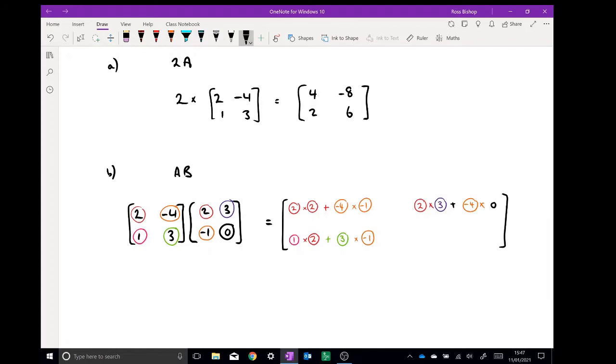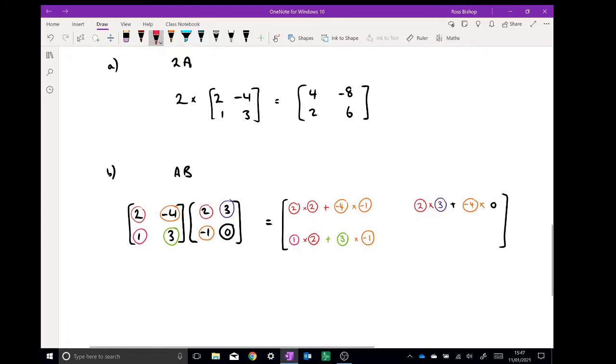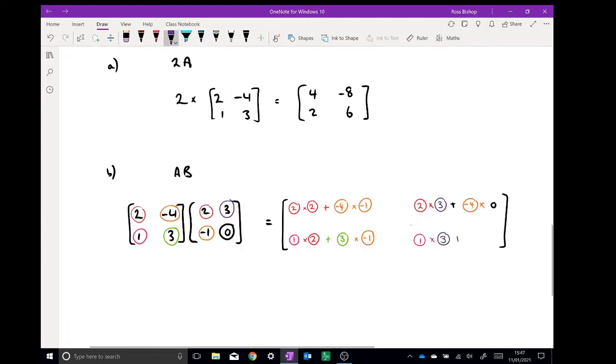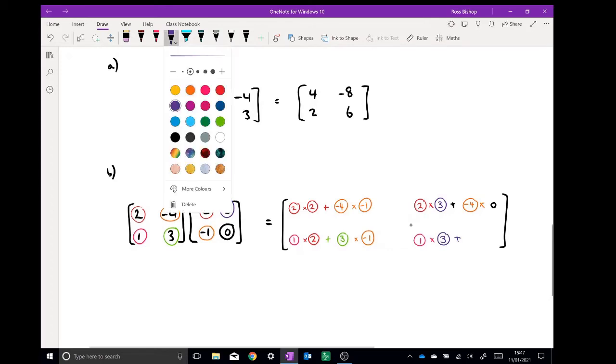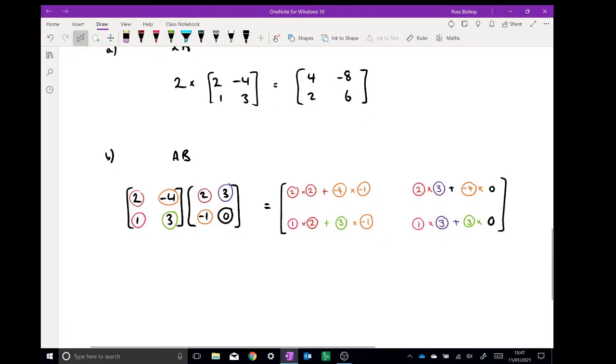Okay, and bottom right, you're going to get the pink 1 times by the purple 3, add the green 3 there, times by the 0 again. And then we just compute all of that together.